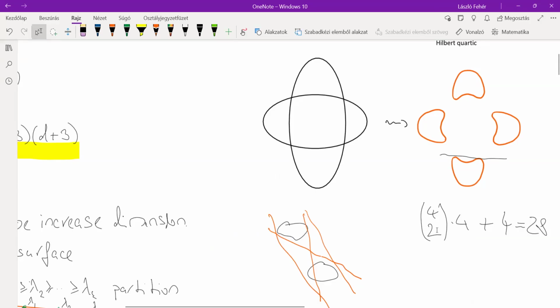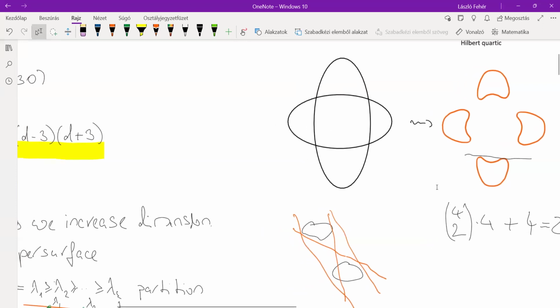You can pick two components in 6 different ways, so it's 6 times 4, which is 24, and there are 4 bitangents like this one, where you use only one component. So you can ask me to show the flexes.